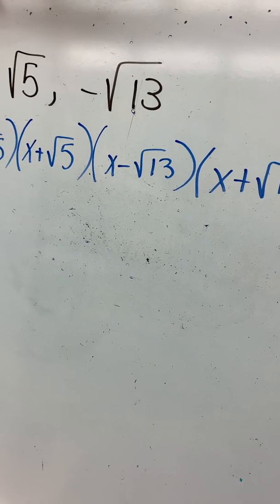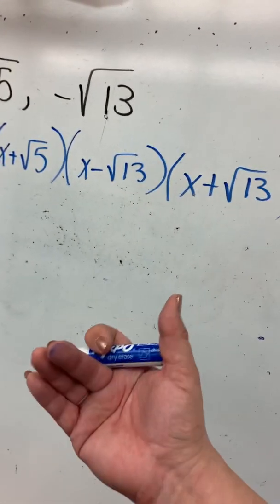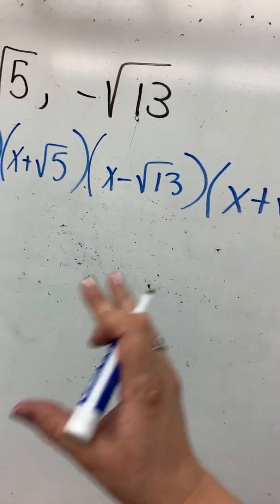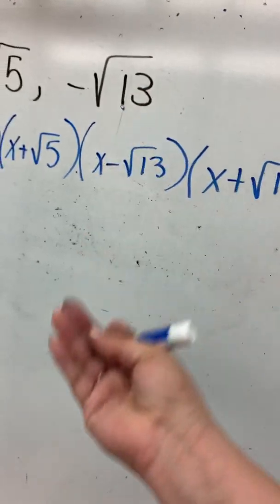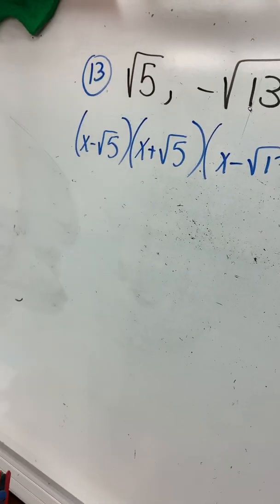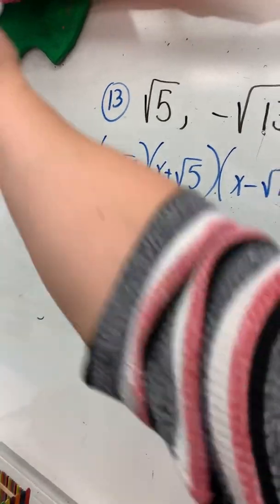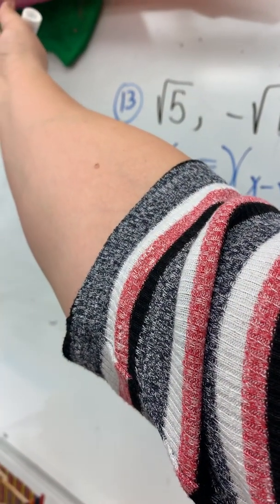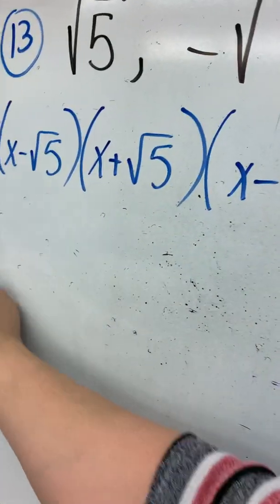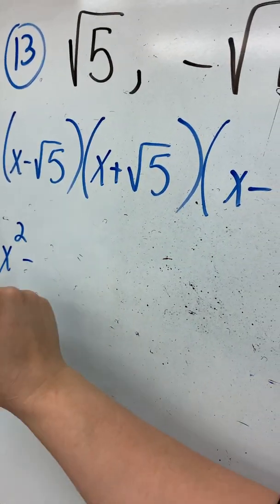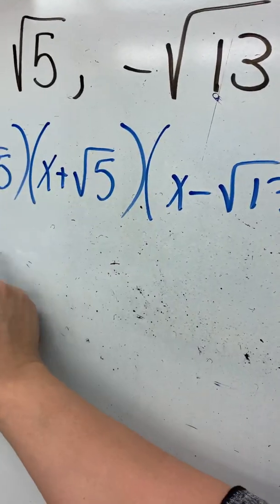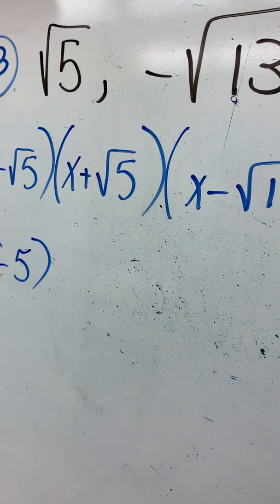Okay? Because when you're writing a polynomial out, and I'll show you when we get down to foiling these bad boys. When you have your polynomial written out, are you ever going to have a root 5 in there? No. Are you ever going to have an i in there when we get to 19? No. So, when I FOIL these two, x squared, root 5 minus root 5, those middle terms cancel. So it'll be x squared minus 5.